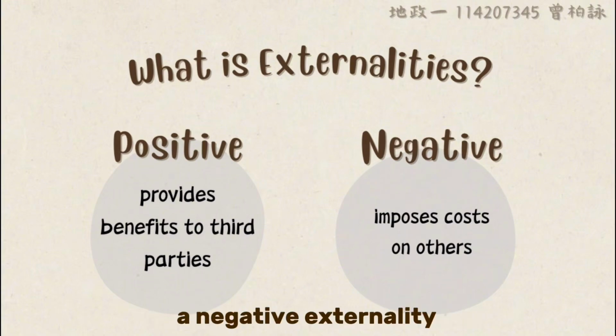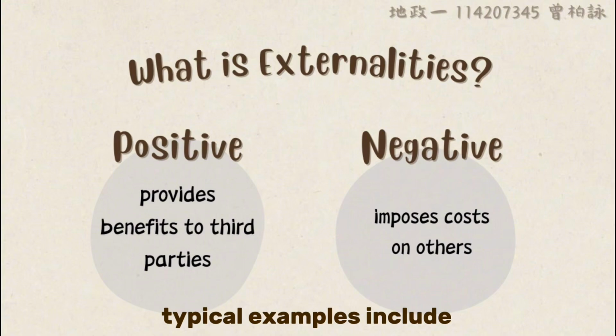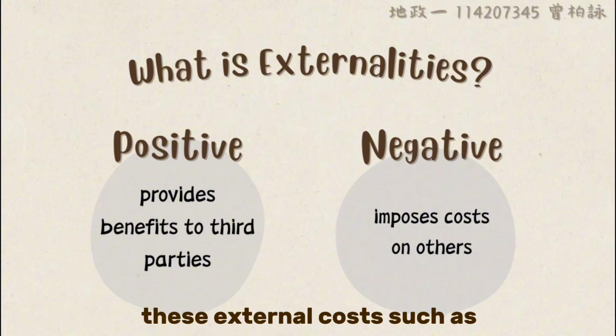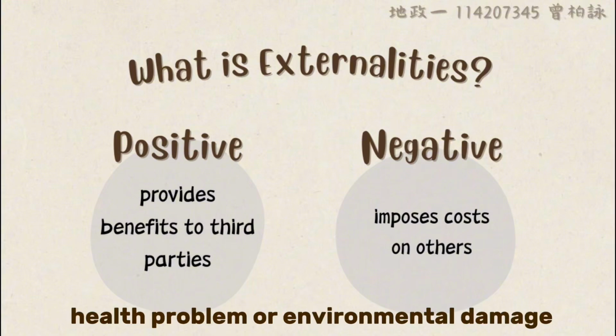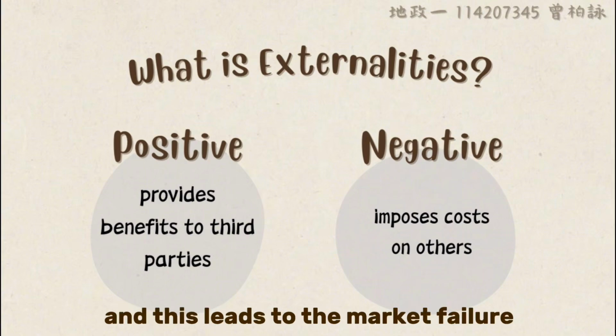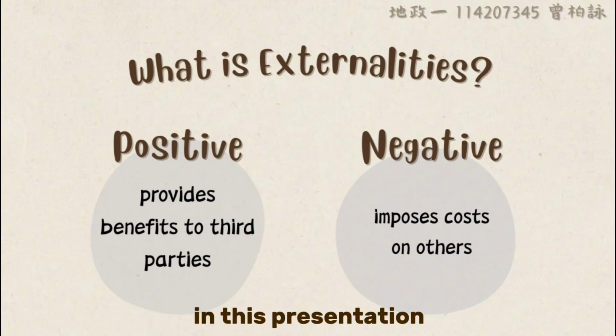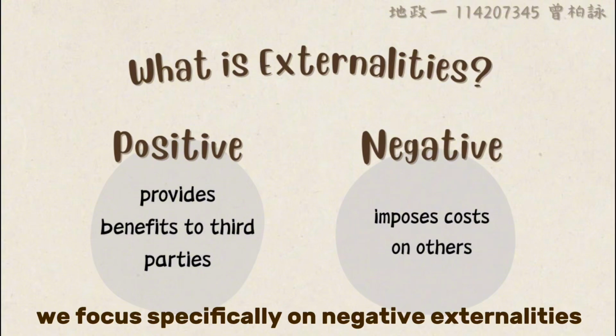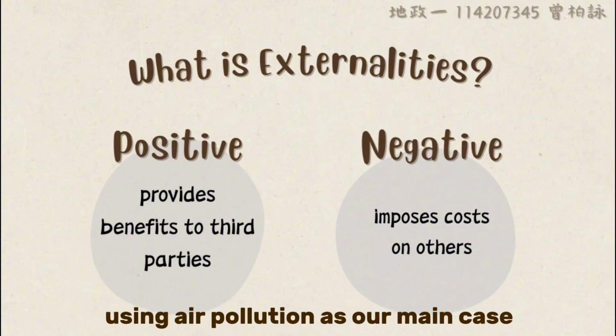A negative externality, on the other hand, imposes costs on others. Typical examples include air pollution from factories or noise from traffic. These external costs, such as health problems or environmental damage, are not paid by the producer, and this leads to market failure. In this presentation, we focus specifically on negative externalities, using air pollution as our main case.